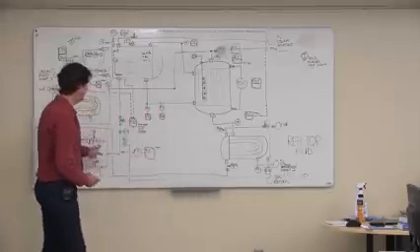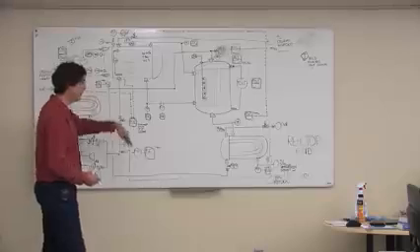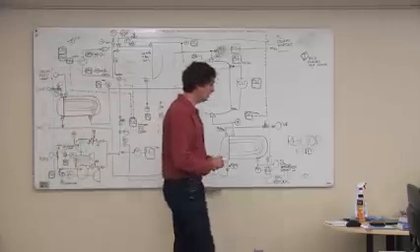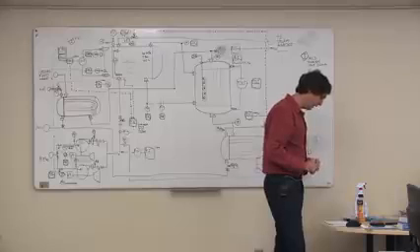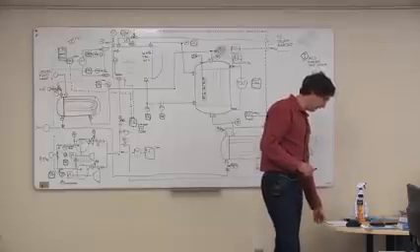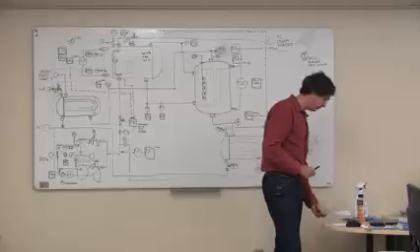Or even if we wanted to, we could prevent the reactor from starting up unless we've actually got boiler feed water pressure. That might be a smart thing to do as well. I think that's pretty much it.